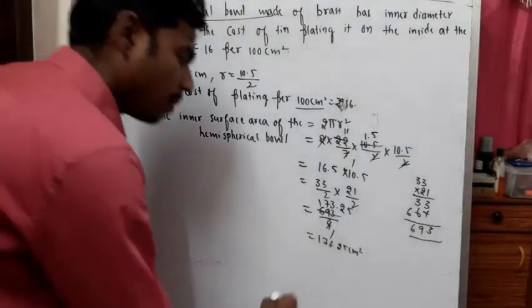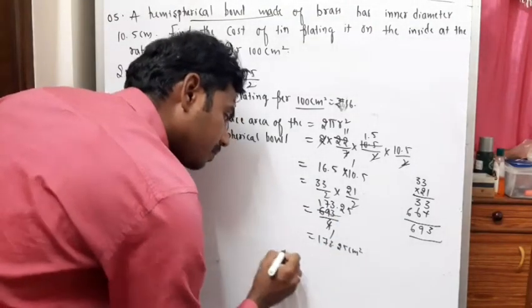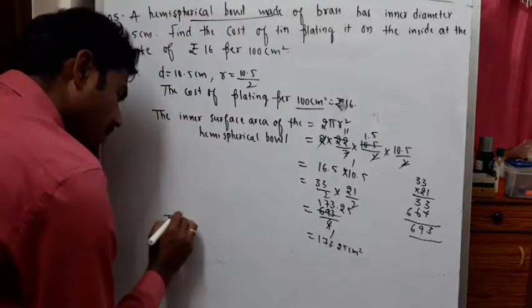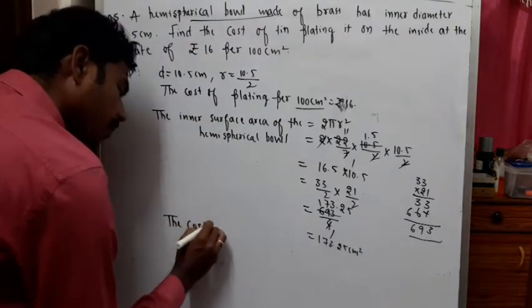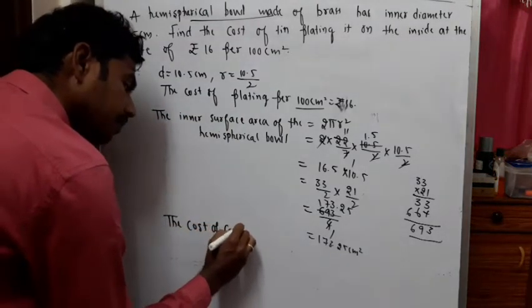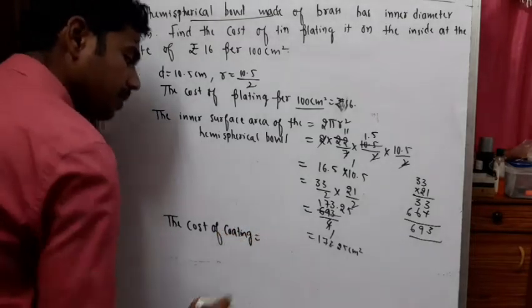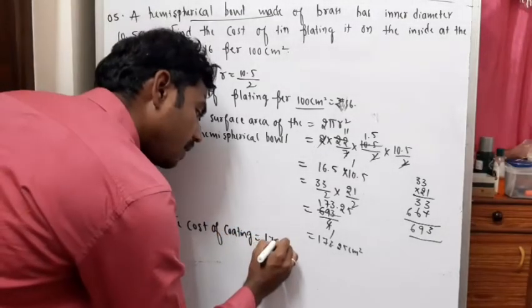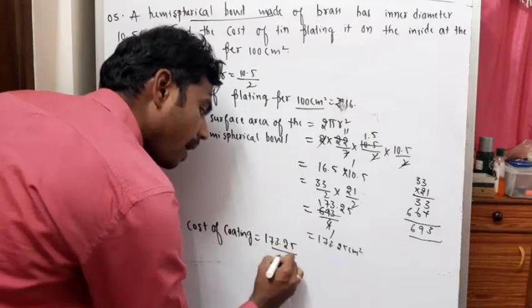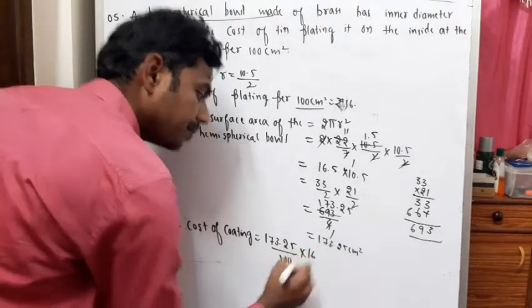We need to divide it by 100. So the cost of coating is equal to 173.25 divided by 100 into 16.